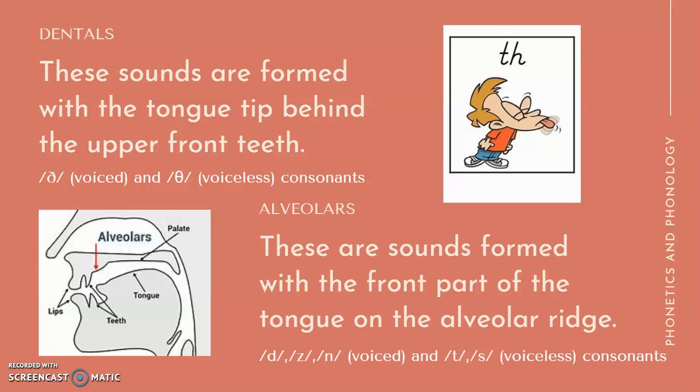Then alveolars. These are sounds formed with the front part of the tongue on the alveolar ridge, such as th, z, ng, those are voiced, and th, s, voiceless consonants.